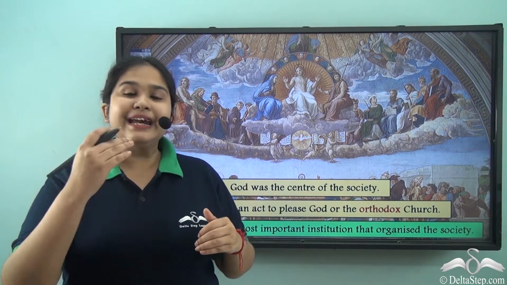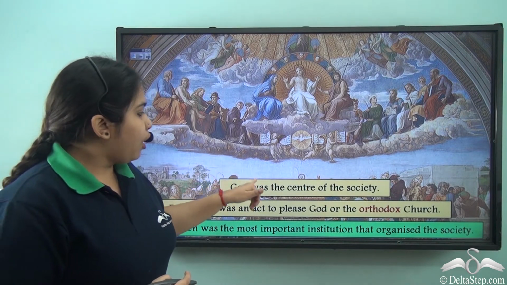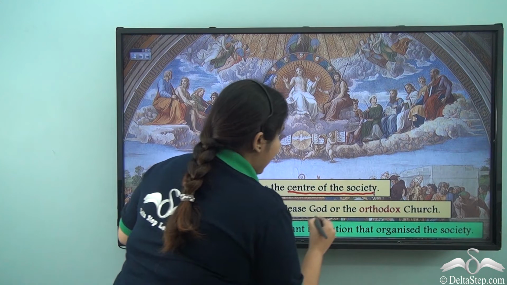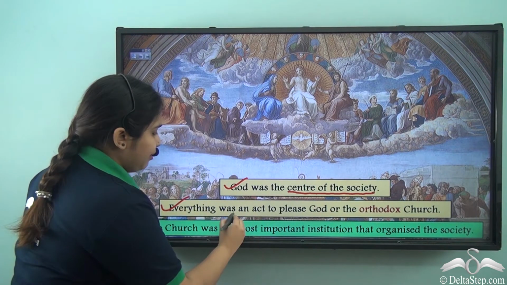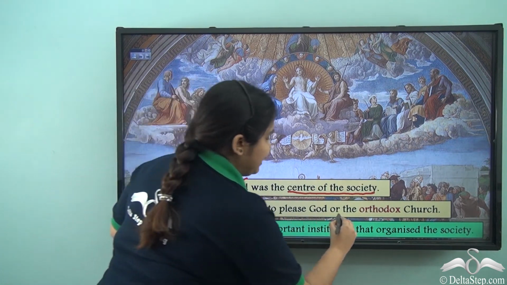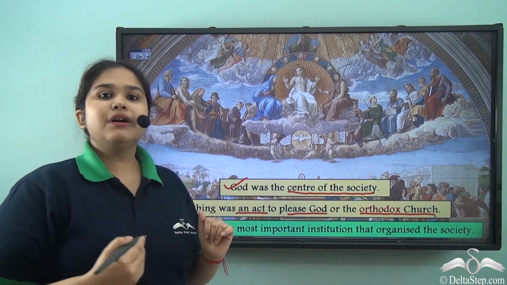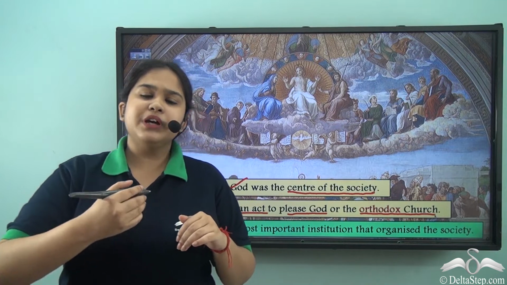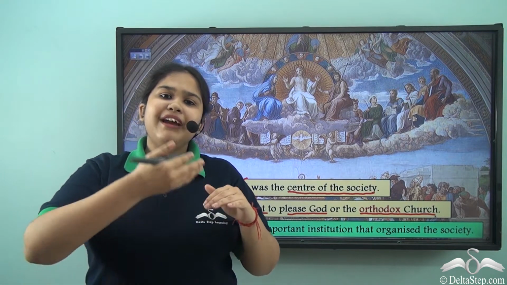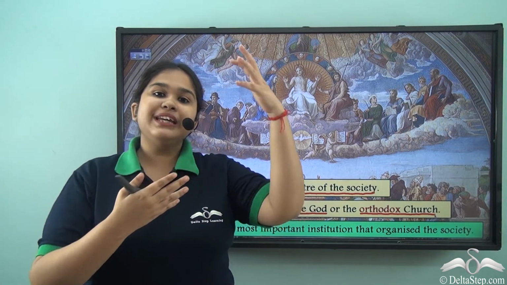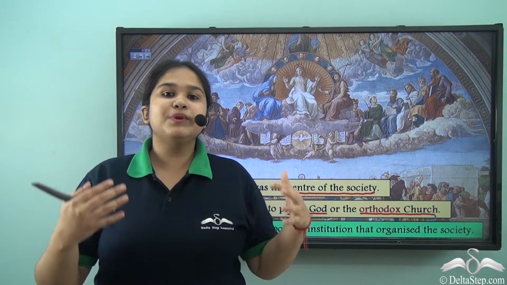So, slowly and steadily, God became the center of the society. And everything became an act to please either God or the Orthodox Church. So, the Orthodox Church had a say over everything in life, and in fact in afterlife as well. So from the king to the peasant, everybody was under the church and its dictates.